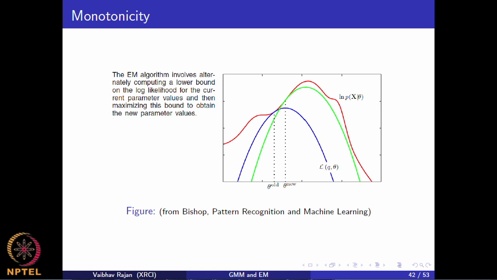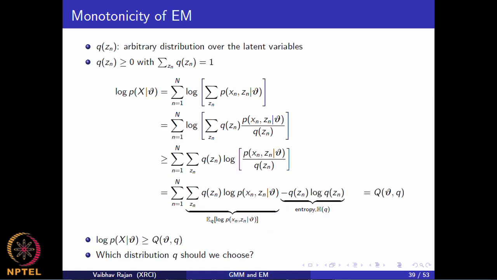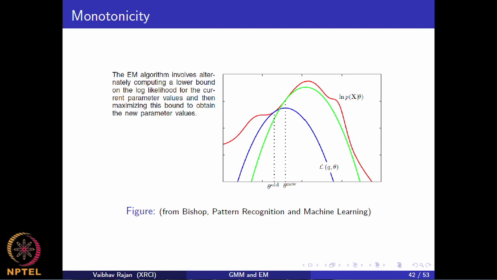So that lower bound is L, which is exactly the expectation that we are trying to maximize. You know that this is a lower bound, which means it is always lesser than the red curve.